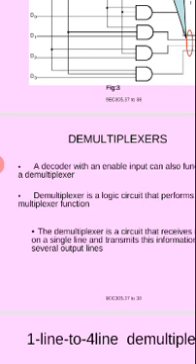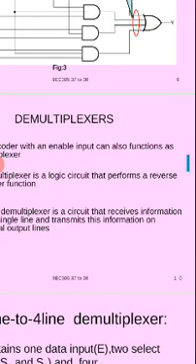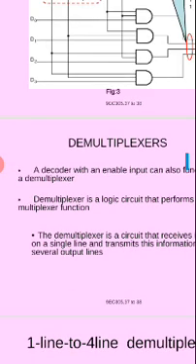It means it has one input and many output lines. This is about demultiplexer.